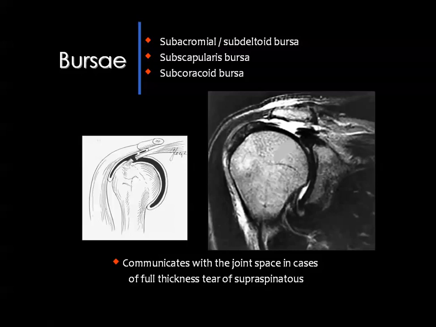Then the bursae around the shoulder joint are three, and you remember the subacromion subdeltoid bursa, the subscapularis bursa, and the subcoracoid bursa. The subacromion bursa is located underneath the acromion, and it will extend underneath the deltoid, hence its name, subacromion subdeltoid bursa.